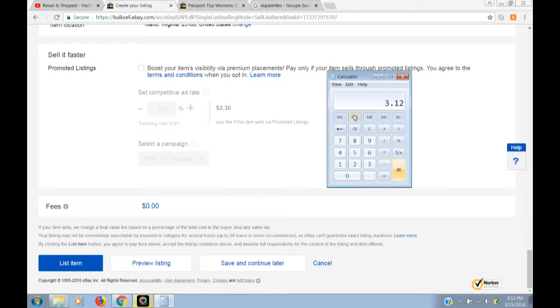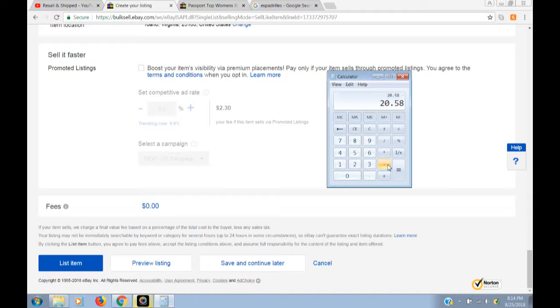So that's $3.12. So $24 minus $3.12, minus the 30 cents, is $20.58.